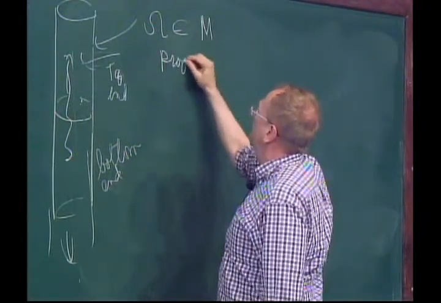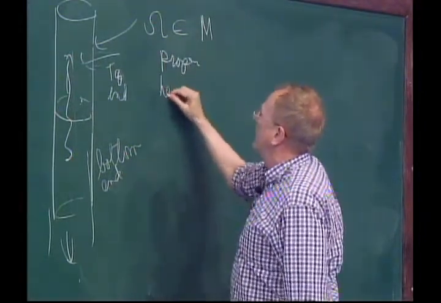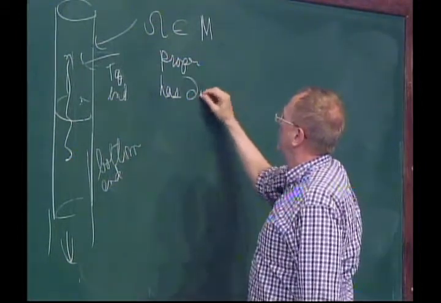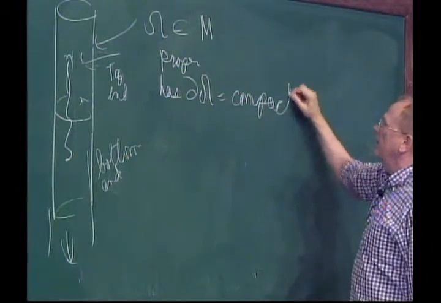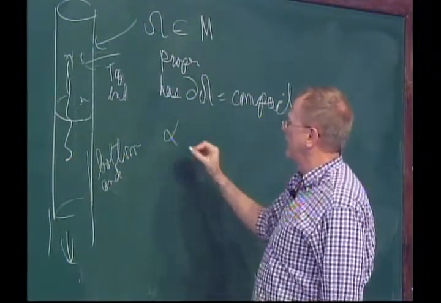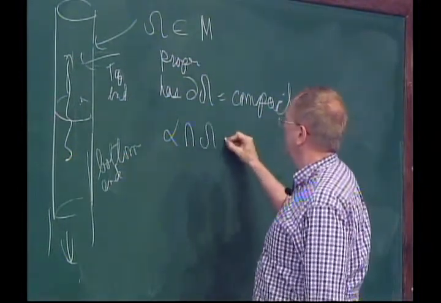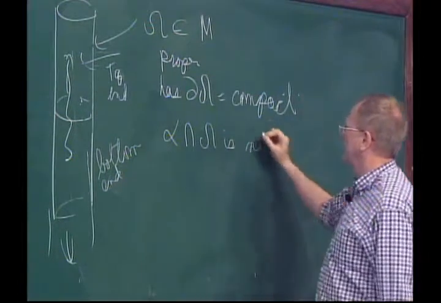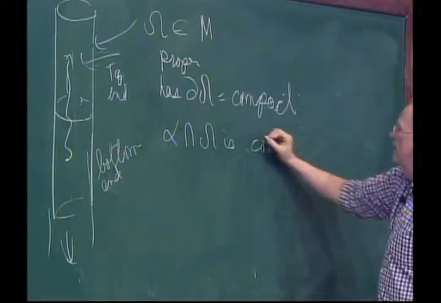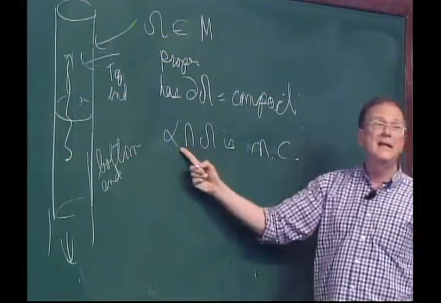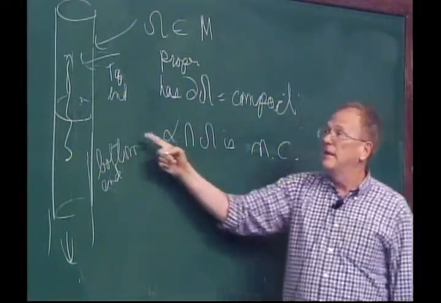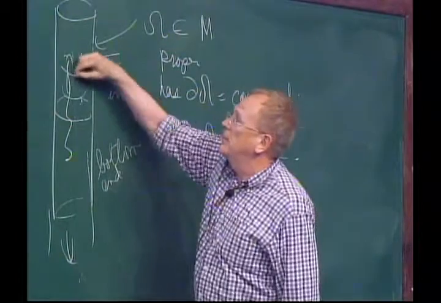It's proper. It has compact boundary. And alpha intersect omega is non-compact. So in other words, the end of alpha is eventually in this subdomain.